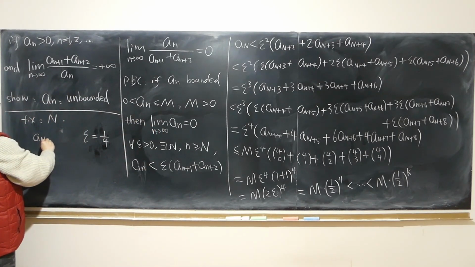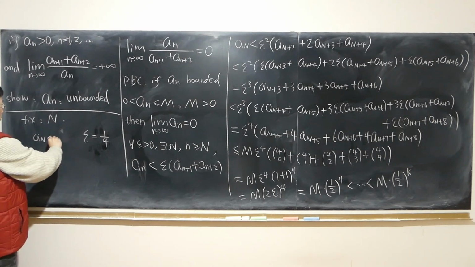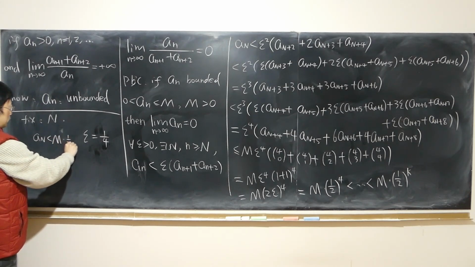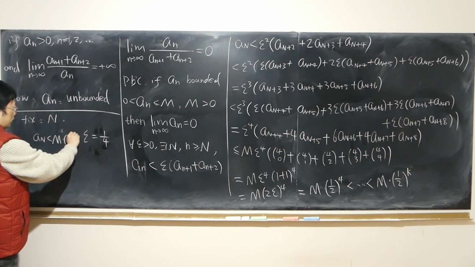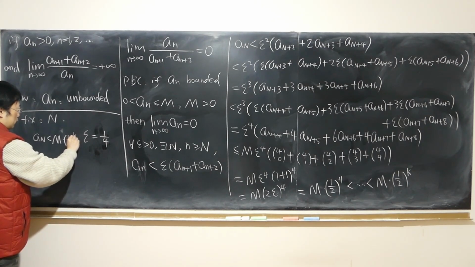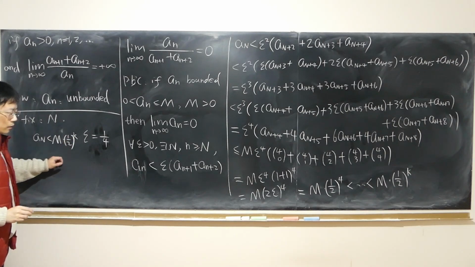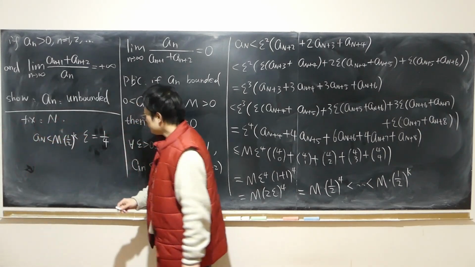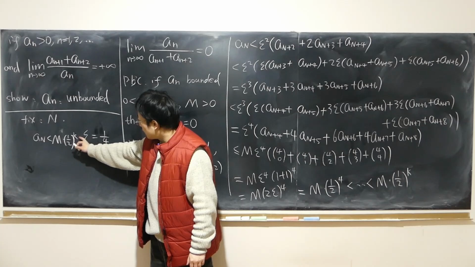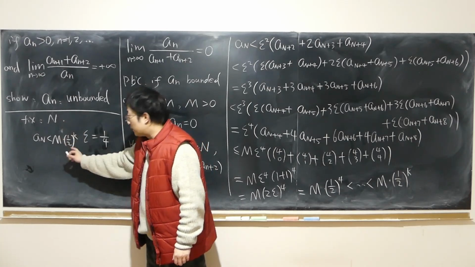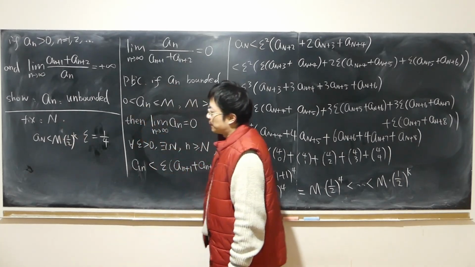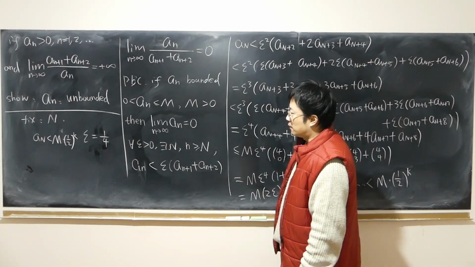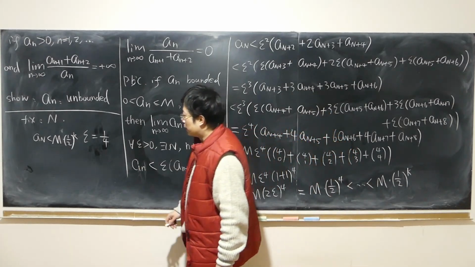So a_N is less than m times half to the power of k. This is good because now I can fix capital N and let k approach infinity. It's perfectly legal.